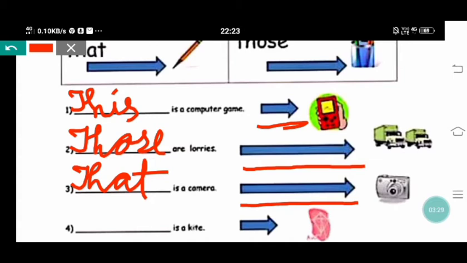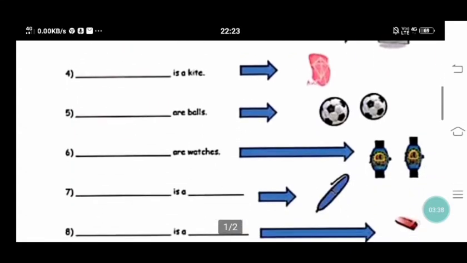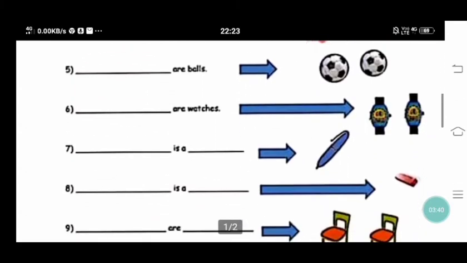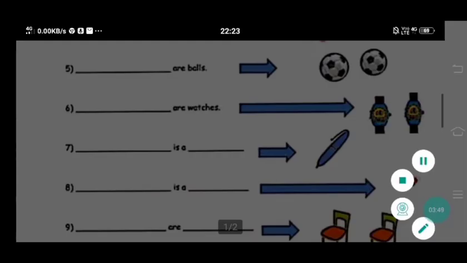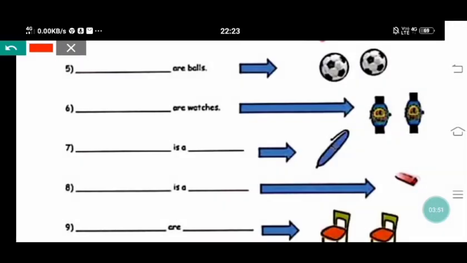Now next, dash is a kite. This is a kite. Now next we have to go through fifth. Okay, dash are balls. Okay, so as you can see, arrow is short, it means, and ball is in plural form, so we have to use these.